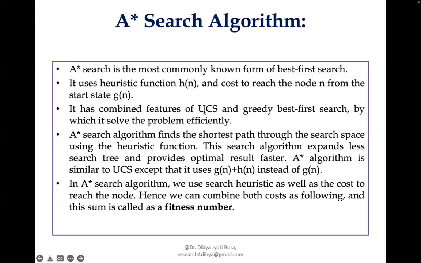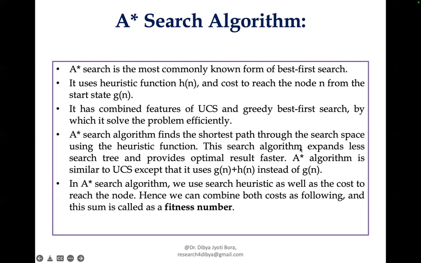Now it has combined features of UCS and greedy best-first search, by which it solves the problem efficiently. The algorithm finds the shortest path through the search space using the heuristic function. Same thing. But यहाँ पे जो heuristic function है, that is a bit different from the greedy best-first search, right?